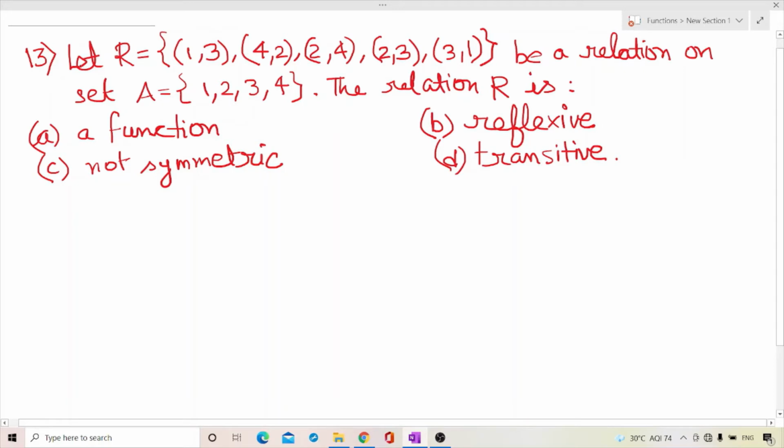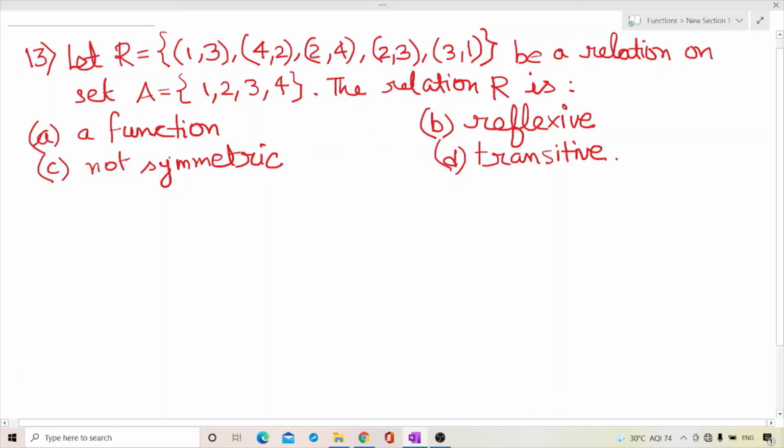Next question we have with us is: let R = {(1,3), (4,2), (2,4), (2,3), (3,1)} be a relation on the set A = {1, 2, 3, 4}. The relation R is: A) a function, B) reflexive, C) not symmetric, and D) transitive.